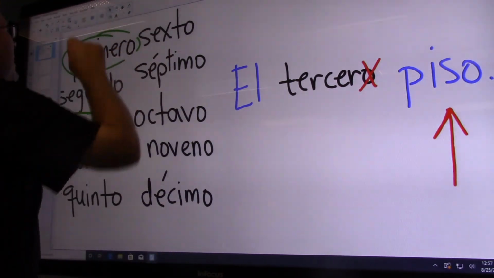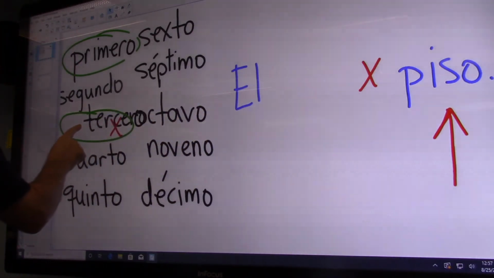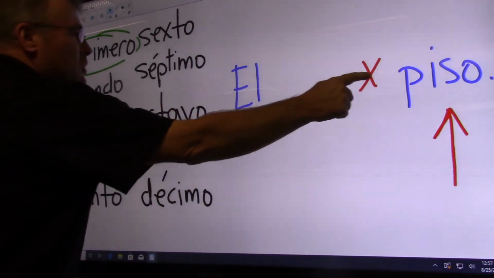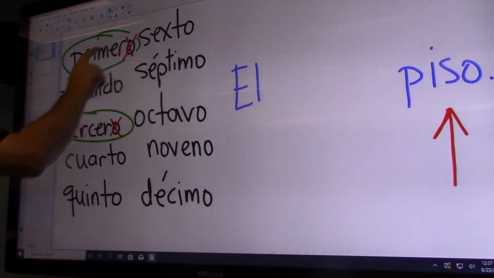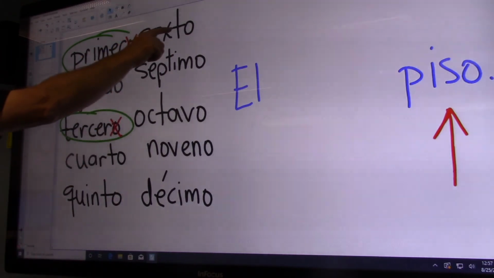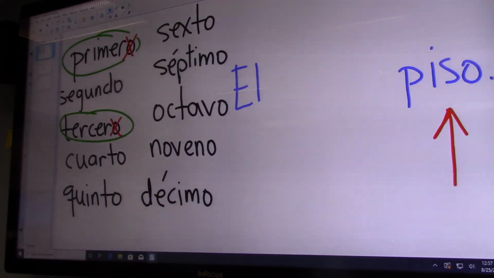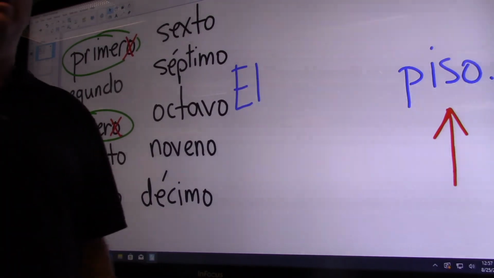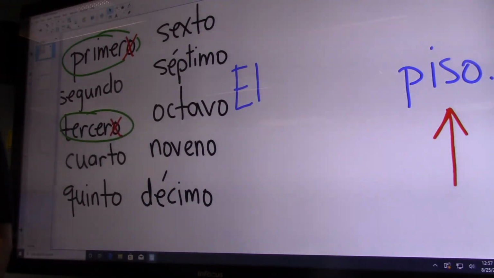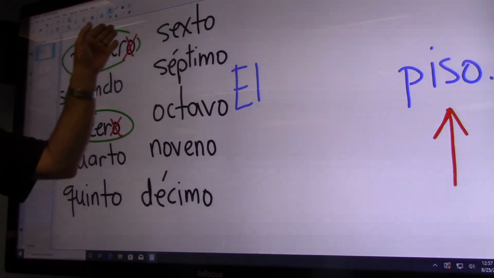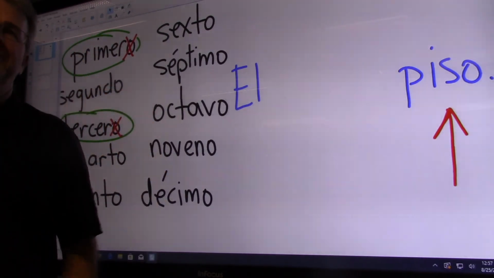So again, I don't know what it is about the words first and third, what makes them so special, but for whatever reason, we've got to drop the O whenever those words appear before a singular masculine noun. Every other ordinal number we're good, we can use however we want to, masculinely, femininely, no worries. It's only first and third that drop the O before a singular masculine noun, okay?